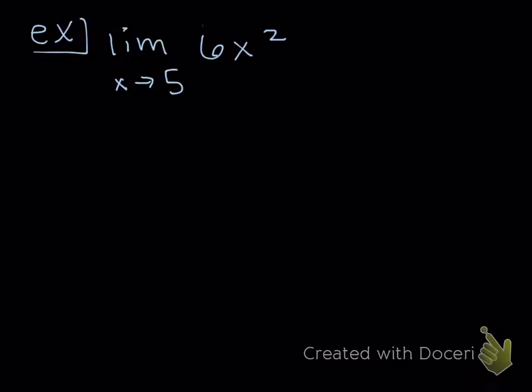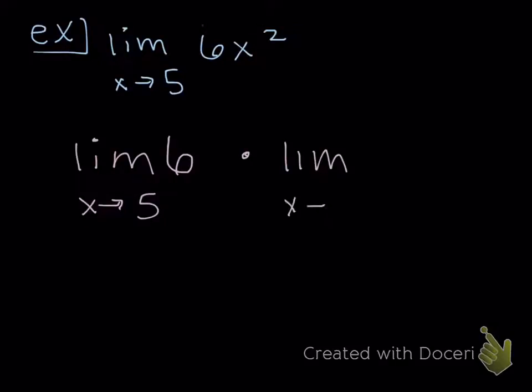So here is a quadratic equation because it's squared, so this shape will look like a U. It's called a parabola. Again, we just have to plug in our 5. The limit as x goes to 5 is essentially the limit as it goes to 6 times the limit of it going towards x squared.